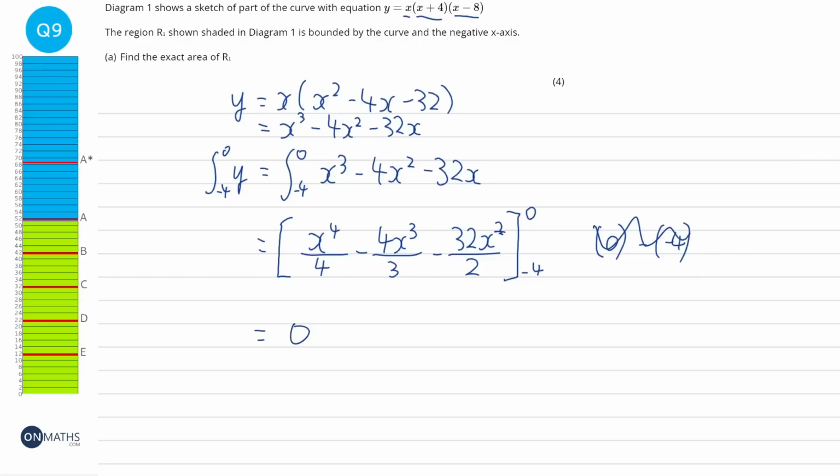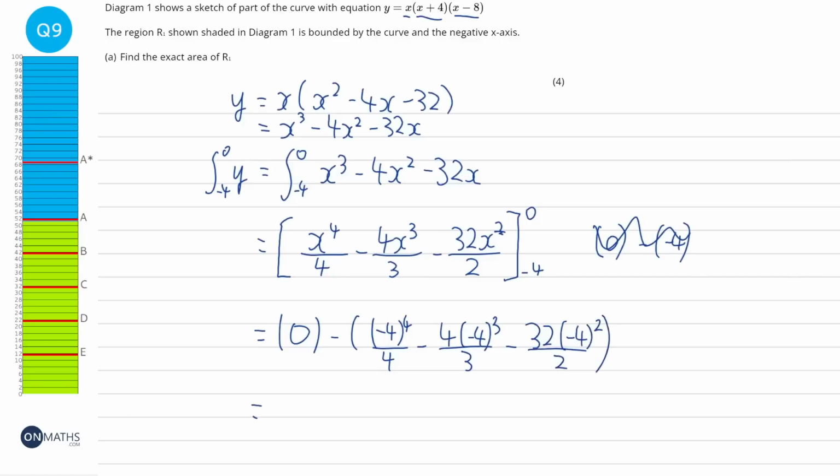And we're going to subtract when we substitute in minus 4. So it's going to be minus 4 to the power of 4 over 4, minus 4 times minus 4 to the power of 3 over 3, minus 32 times minus 4 squared over 2.